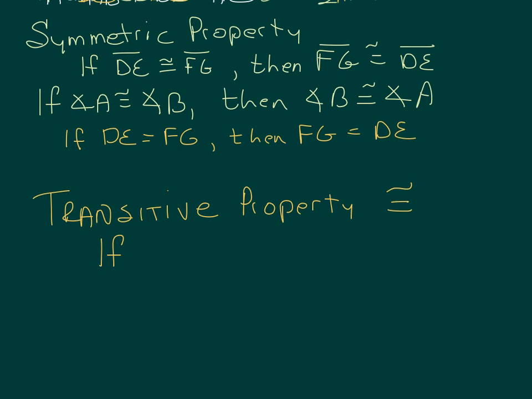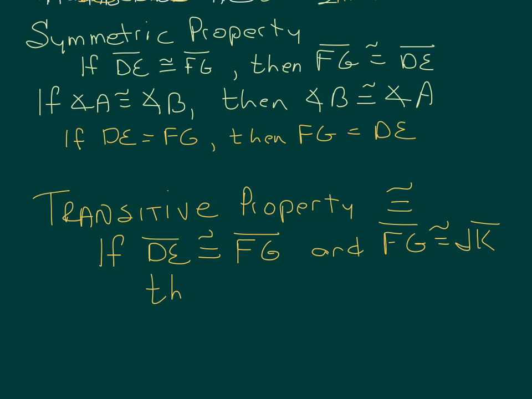If segment DE is congruent to segment FG and segment FG is congruent to segment JK, then segment DE is congruent to segment JK. It's really the substitution property, but for congruence, but we call it the transitive property. We use transitive for congruence, substitution for equality.